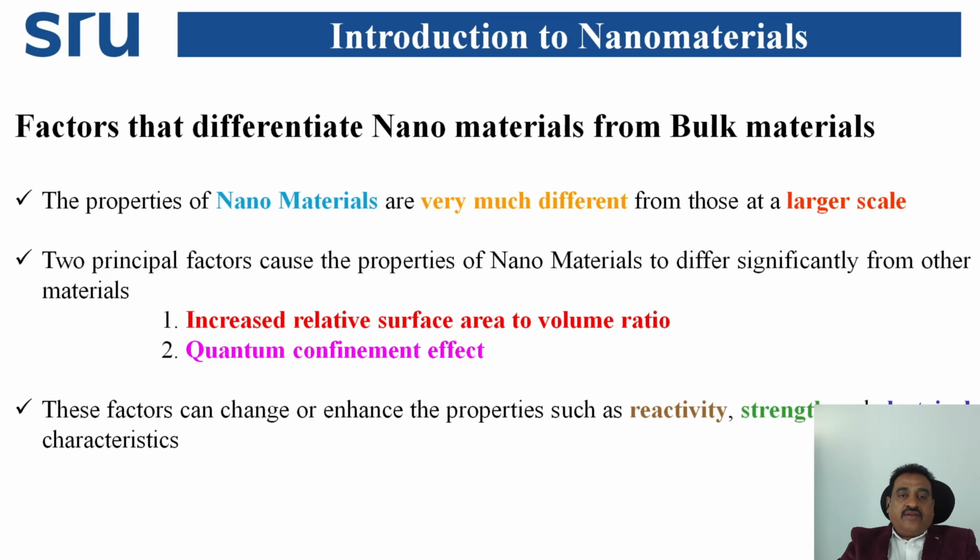Two principal factors affect nanomaterials: the increased relative surface area to volume ratio, and the second one is the quantum confinement effect. These two factors can change properties such as reactivity, strength, and electrical characteristics.